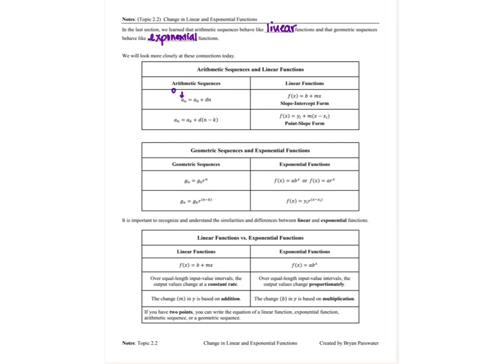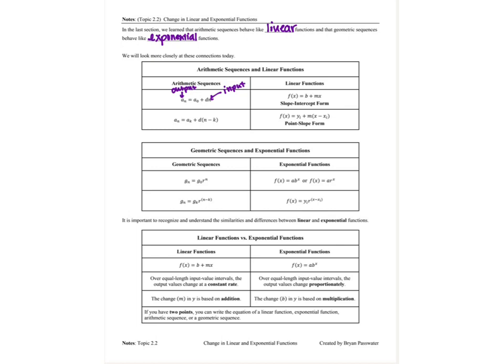A sub n is going to be the output. I can find any output value if I plug in any input value in.